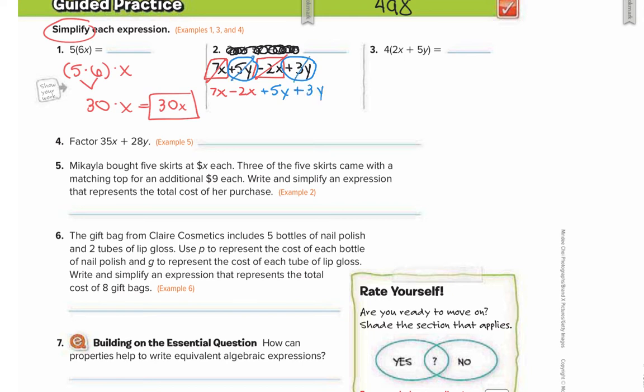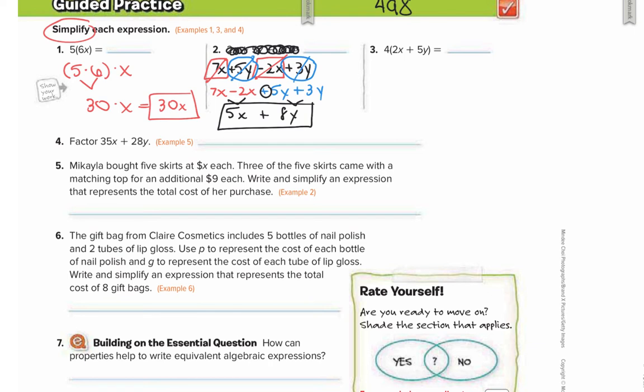Now that my like terms are together, I can subtract these and I can add these only because they have the same letter. So 7x minus 2x is 5x, plus 5y plus 3y is 8y. Now I cannot add something with an x with something with a y, so we would actually just leave it like that. 5x plus 8y.